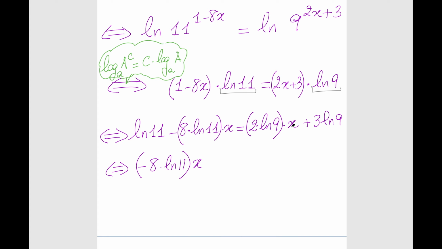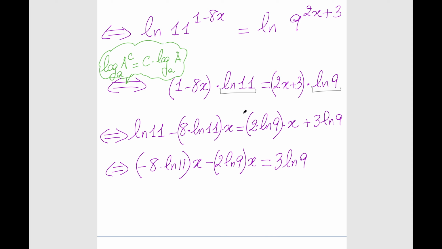I'm subtracting by this. If you subtract by this to lose it from the right side, you get minus 2 ln of 9 times x equals 3 ln 9.